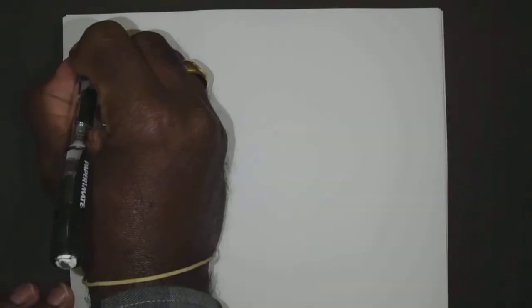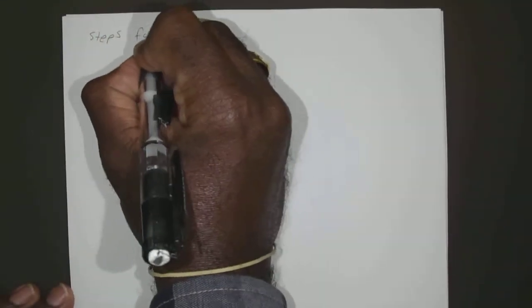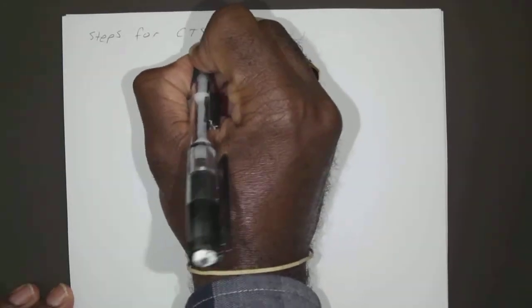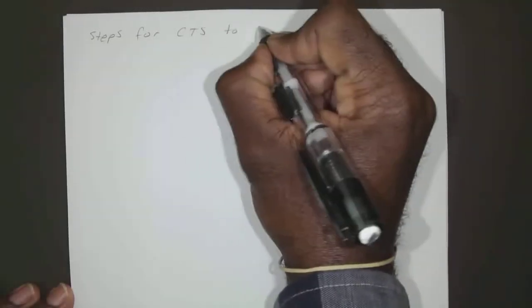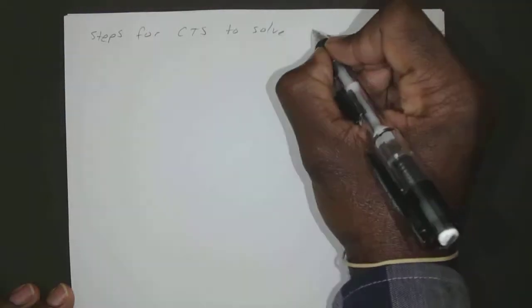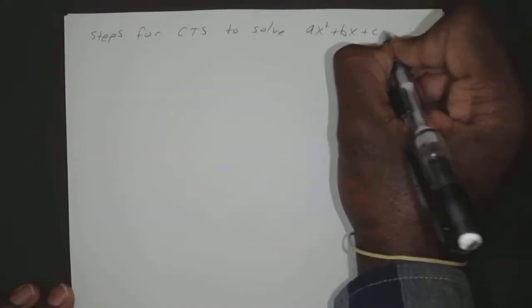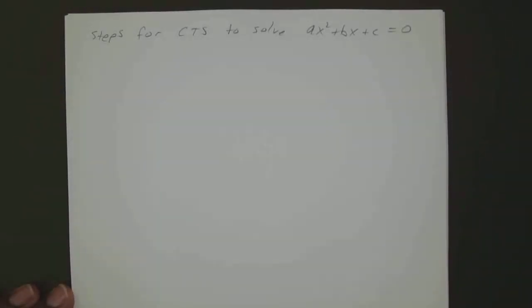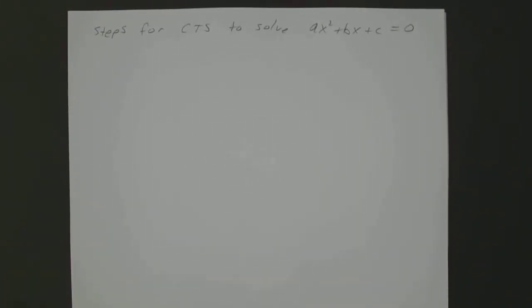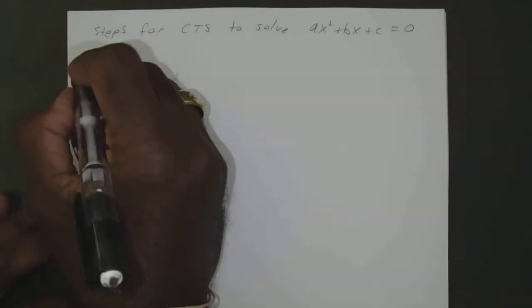So, all right, first we'll go over the steps for completing the square to solve ax squared plus bx plus c is equal to 0. Okay, so remember your first step.